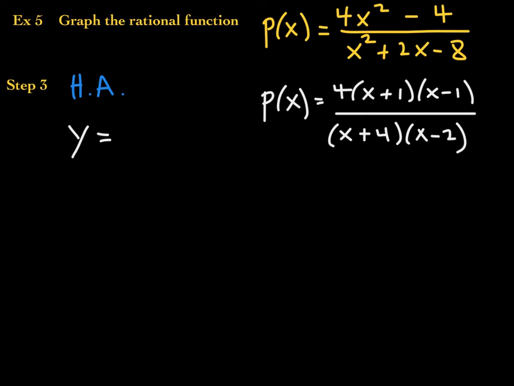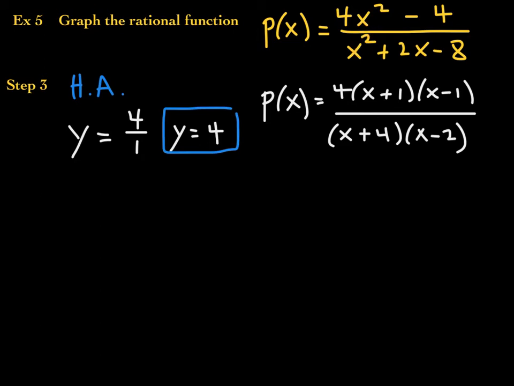So it's 4 over 1. That's the same thing as saying the horizontal asymptote is simply y is 4. Okay, everybody? The horizontal asymptote is always y equal to the leading coefficient of the numerator over the leading coefficient of the denominator whenever the degrees are the same.